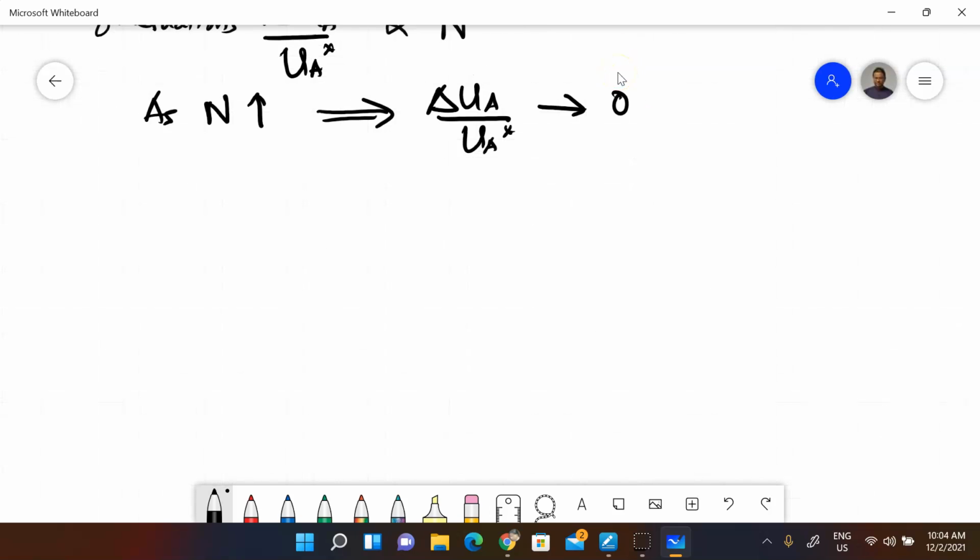Okay. So let's consider again your subsystem, but now we are thinking in terms of your number of accessible states.